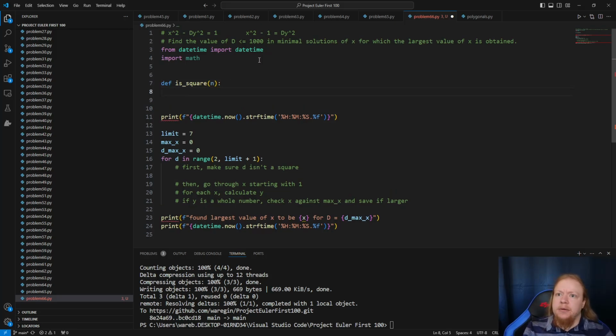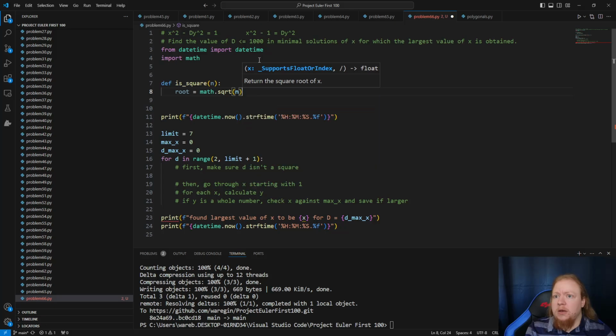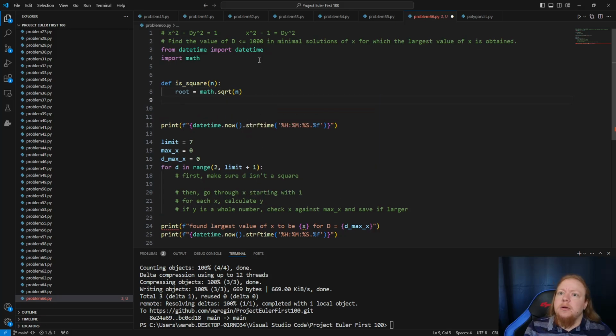And then root is equal to math.sqrt of n. And then I'm going to just return root mod 1 is equal to 0.